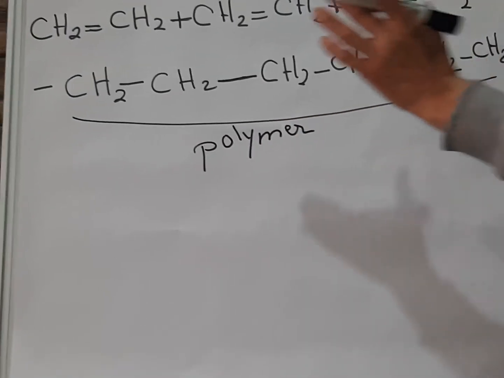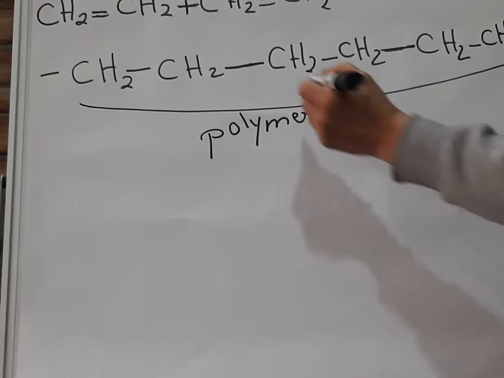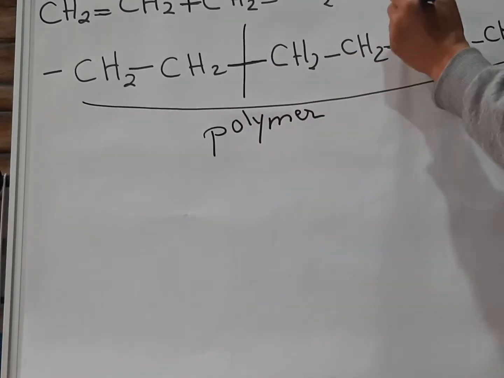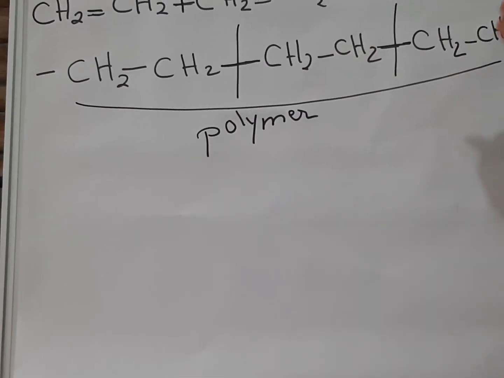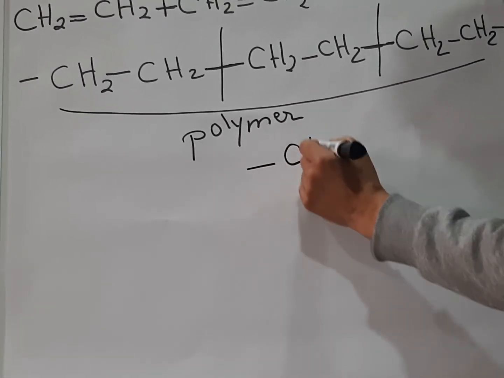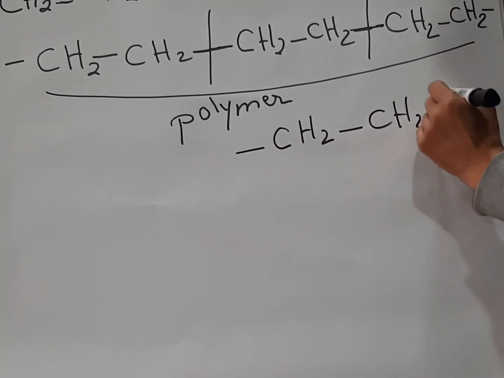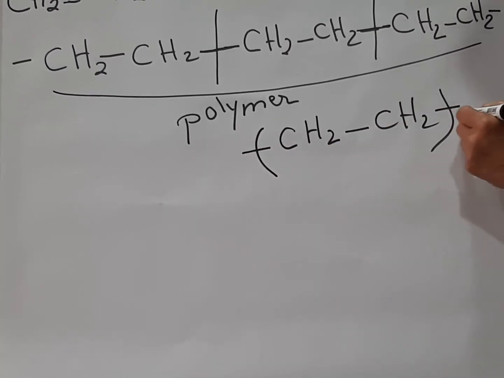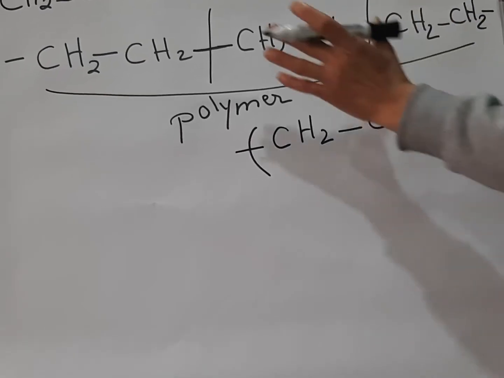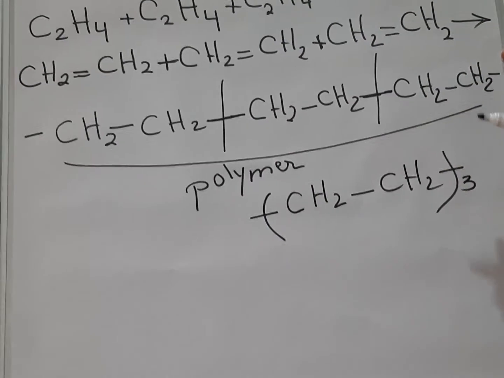Now, instead of writing it like that, as I've said, I have 1, 2, and 3 repeating units. I can write it this way: CH2 bond CH2, and I write here 3. So, in this polymerization reaction, I have 1, 2, 3 monomers.